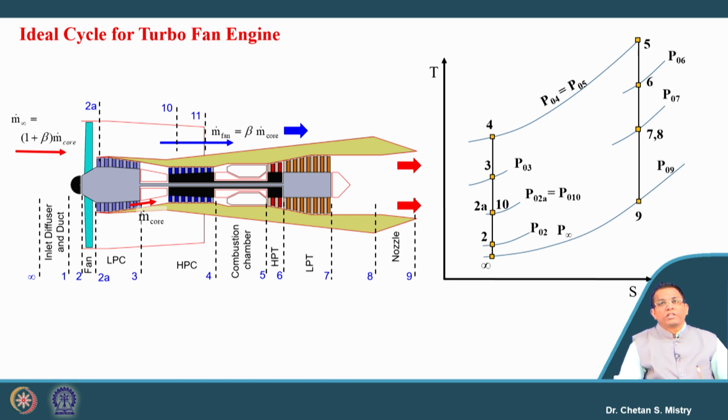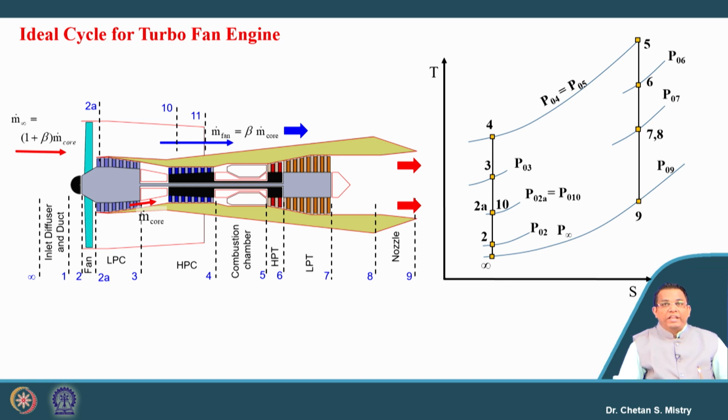Let's try to understand this and make some modifications in order to achieve our expectations. What we are looking for is improvement of thermal efficiency, propulsive efficiency, overall efficiency, and lower specific fuel consumption, all terminologies you are aware of. Let's target those one by one.